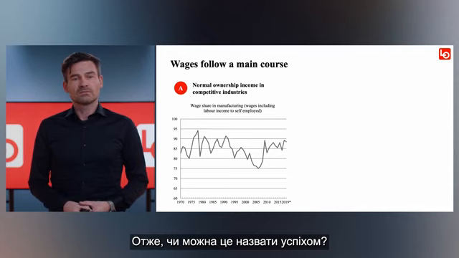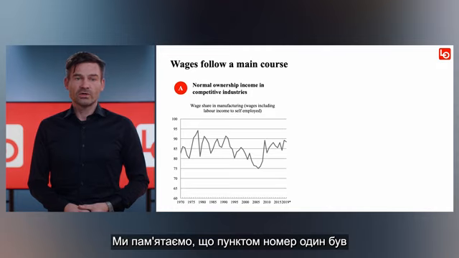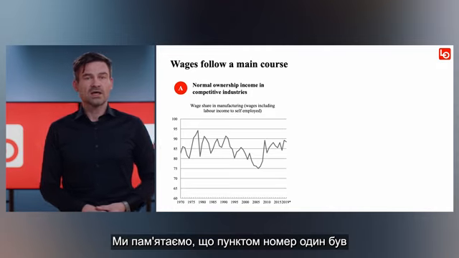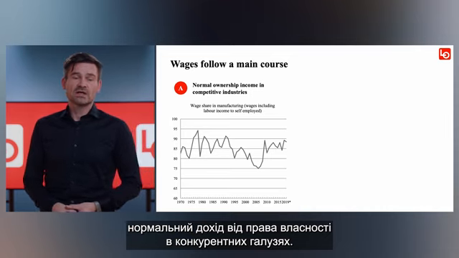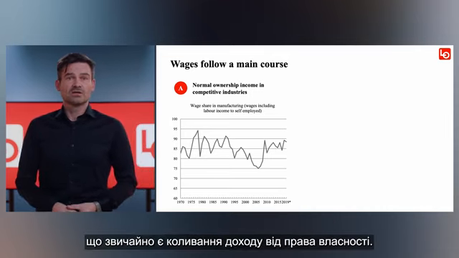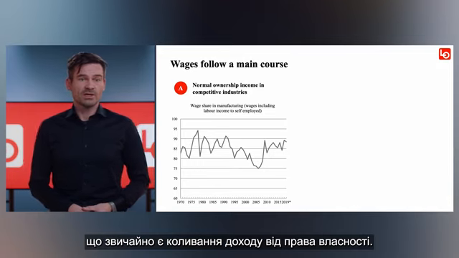So, was this a success? Let's see how it turns out. We remember that point 1 was that we had normal ownership income in the competitive industries. And we can see from this figure that, of course, there are variations in ownership income.